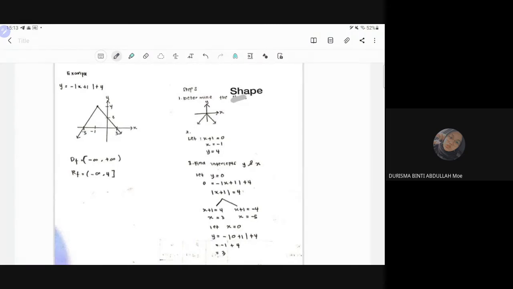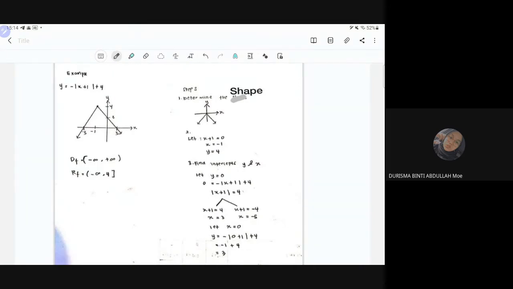The second step is we search for the starting point. Let everything in the modulus equal to 0. And then there we go, we get x equal to -1 and y is equal to 4.